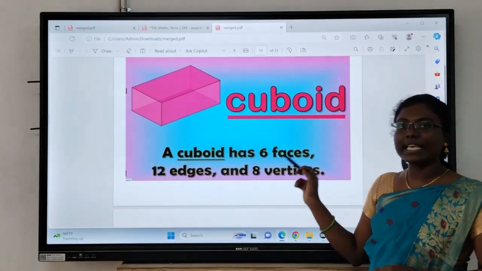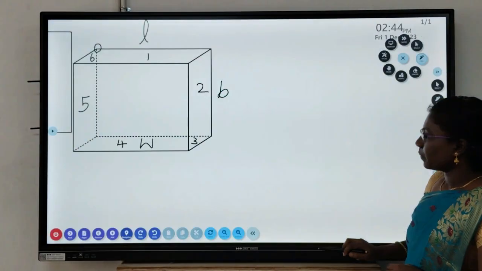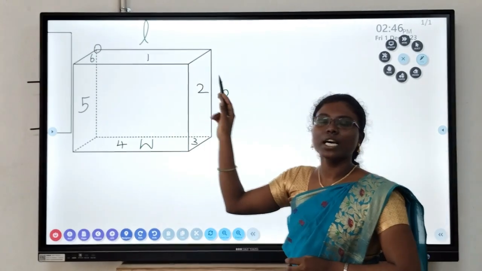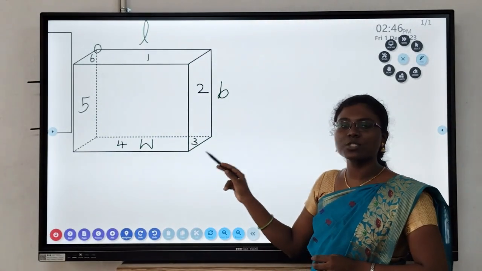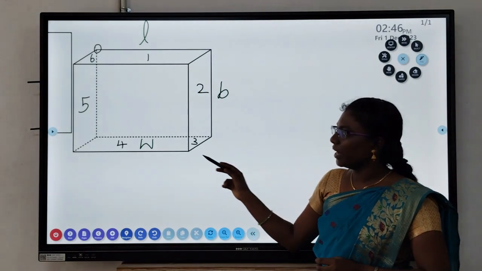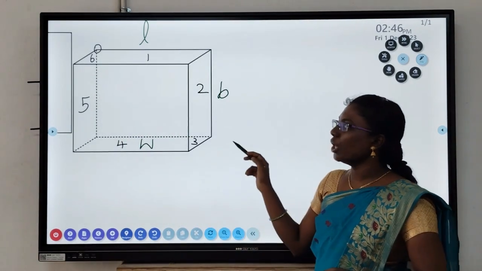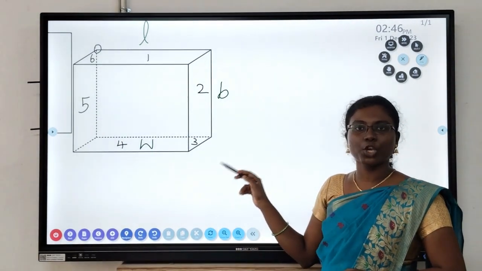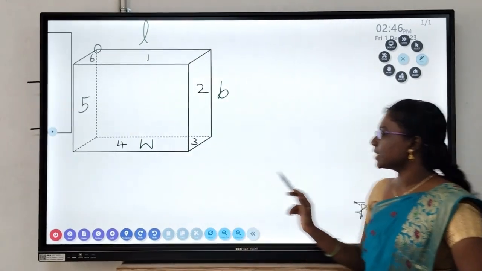So what are 6 faces in cuboid shape? This is a cuboid shape. Here you have 6 faces. 1, 2, 3, 4, 5, and 6. So these are all the 6 faces in cuboid. Next, we have the vertices.